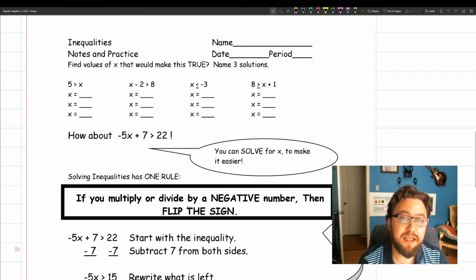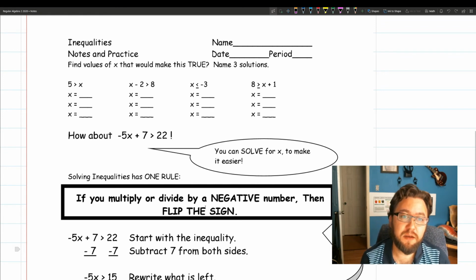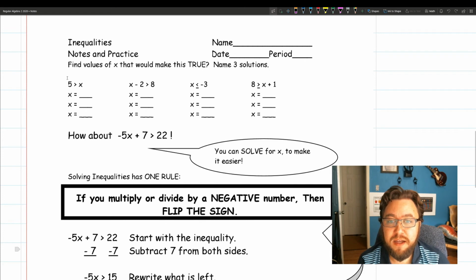Let's take a look at the algebra version of inequalities, where there is more than one solution. We can put this on a number line. Our first problem says 5 is greater than x. So we're going to come up with some values that are less than 5, because 5 is greater than our solutions. So you could say 4.